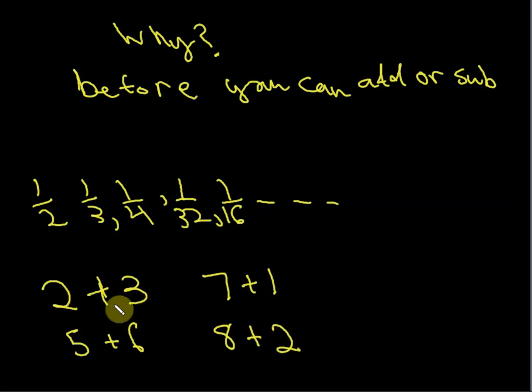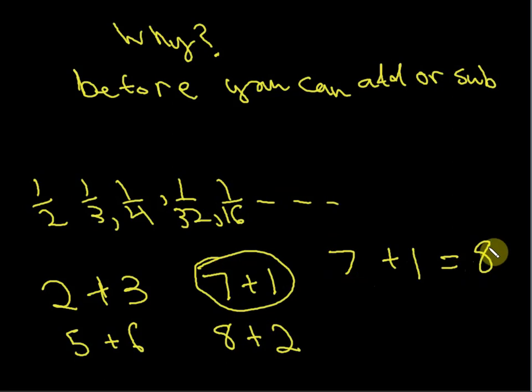Well, if you don't know, and most of you won't be familiar with this because you learn how to do whole numbers instead of fractions. So let's look at this. 7 plus 1 equals 8. Well, why is this the case?